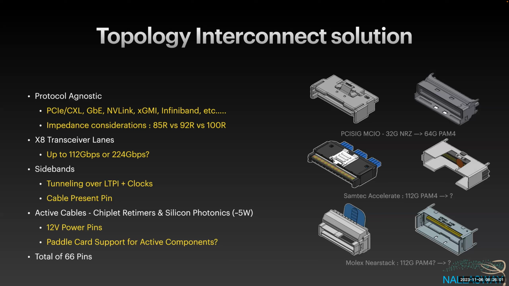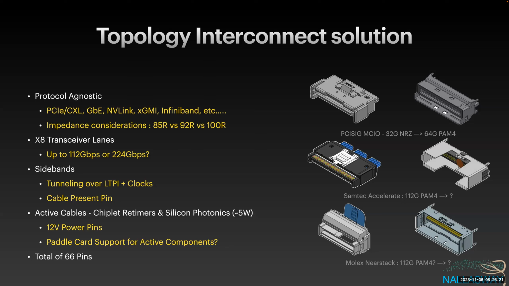So these are the ones that we've looked at. I think the speed part of the equation, and the way these connectors and cables are manufactured to achieve these speeds, is an interesting point.